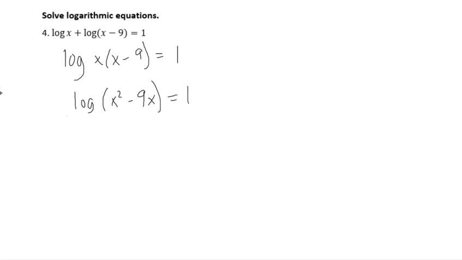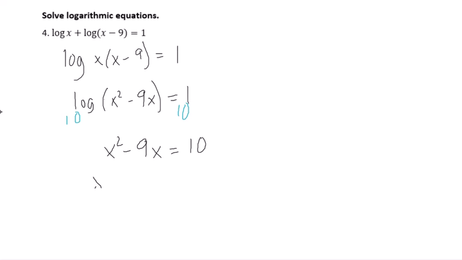Since this is base 10, we can put a 10 here and a 10 here, and the bases take care of each other, leaving x squared minus 9x equaling 10 to the first, which is 10. If you don't want to do it that way, you can always use the change of base form or switch between logarithmic and exponential forms. But I always like the visual of putting the big thing up here on top as an exponent.